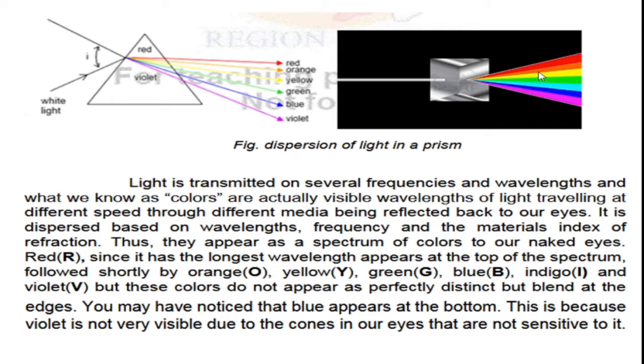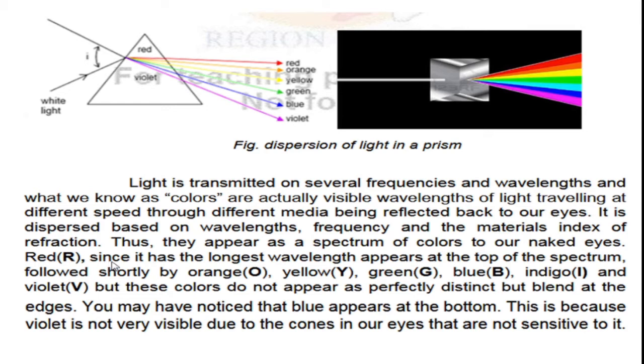Light is transmitted on several frequencies and wavelengths. What we know as colors are actually visible wavelengths of light traveling at different speeds through different media, being reflected back to our eyes. So it is dispersed based on wavelength, frequency, and the material's index of refraction. Thus, they appear as a spectrum of colors to our naked eyes.